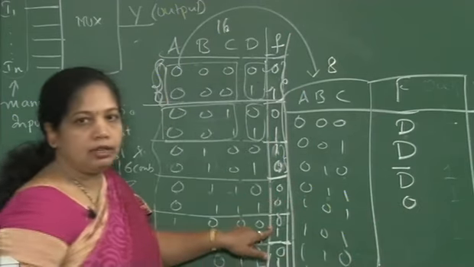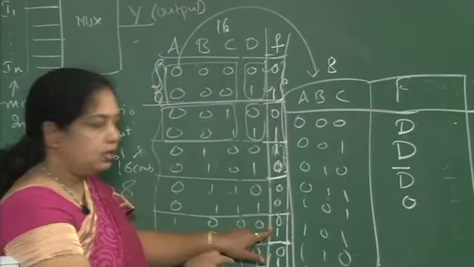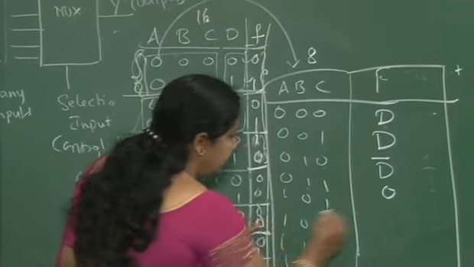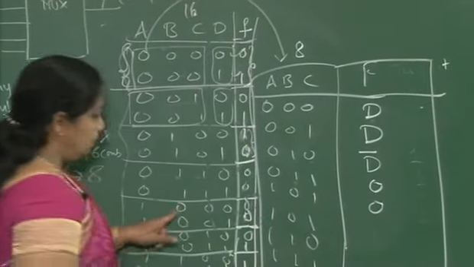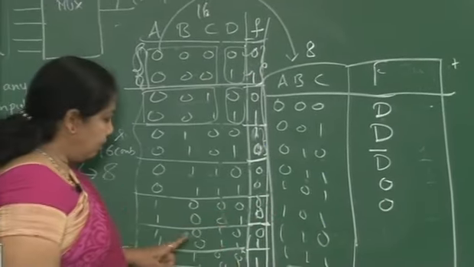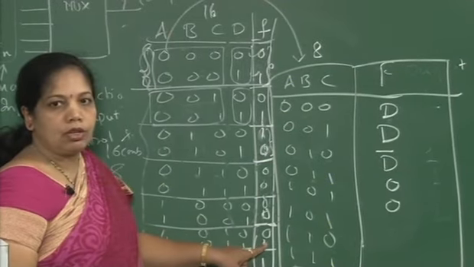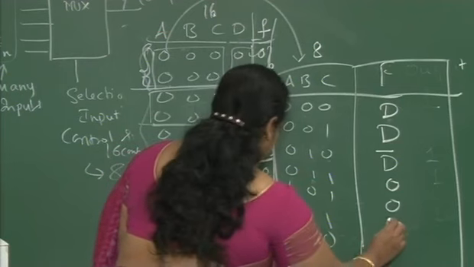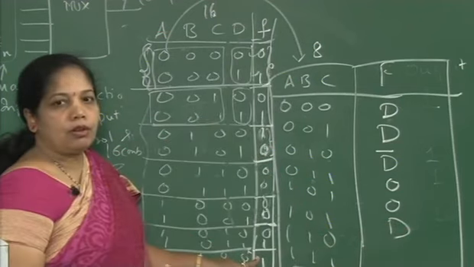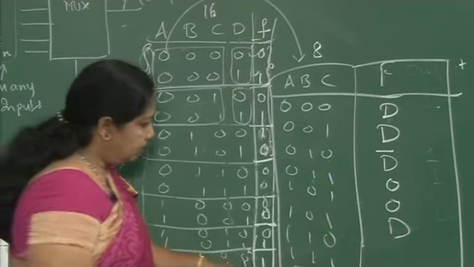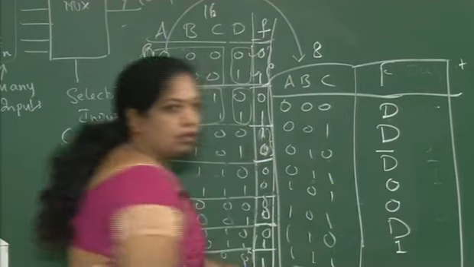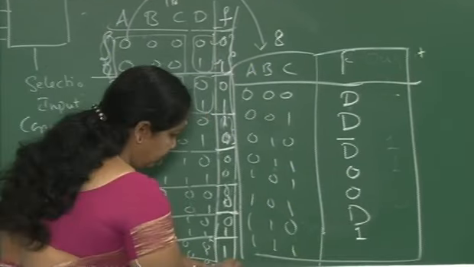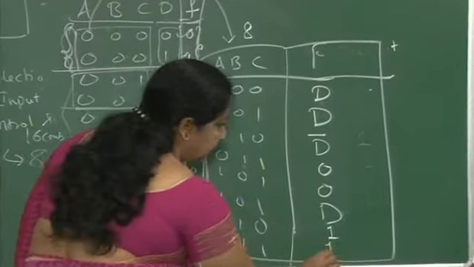So similarly I will be writing for all these combinations. Next combinations: logic 0, 1 0 0, then we have the 1 0 1 option. So the 1 0 option is 0 1. So for 1 1 0, it is 1 1, it is logic 1. For 1 1 1, once again my output is 1 1, so logic 1.